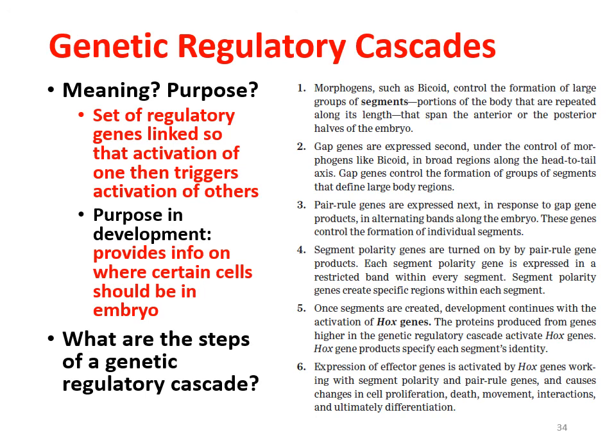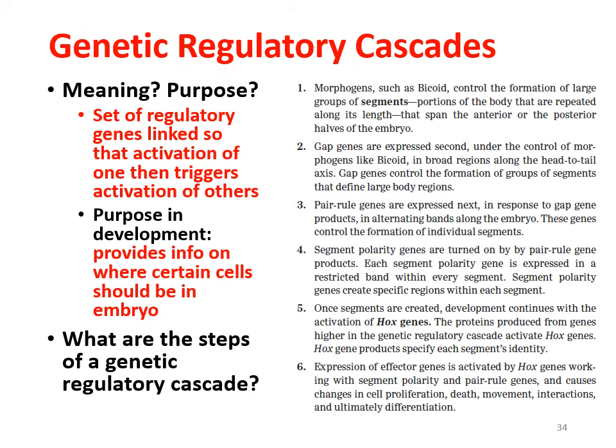So now we've talked about that differential gene expression and how it's based on these regulatory transcription factors, and ultimately that leads us to what's called the genetic regulatory cascades.